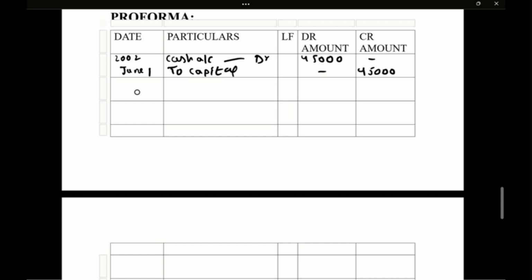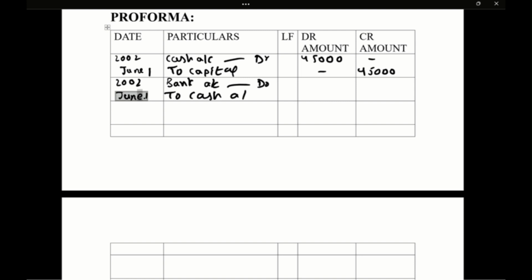So next we have paid into bank. So 2002, the date is the first only, June 1st. So the entry will be bank account debtor to cash account.